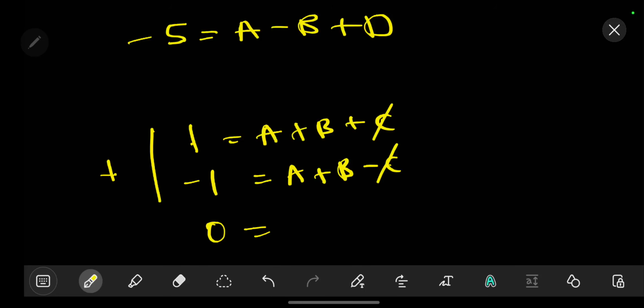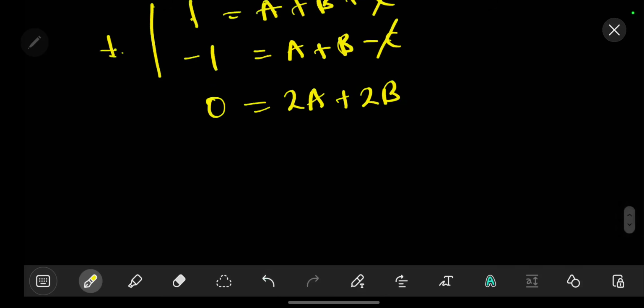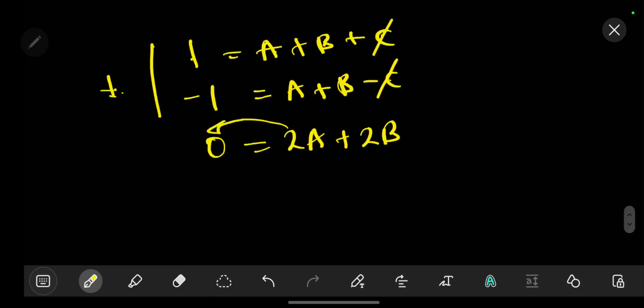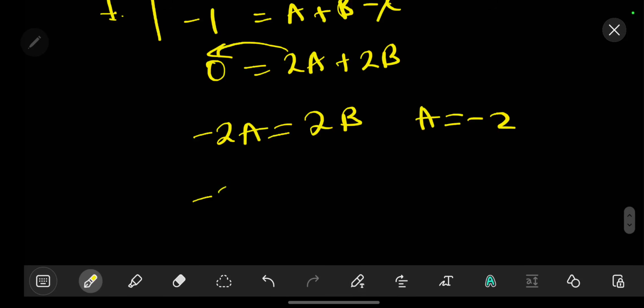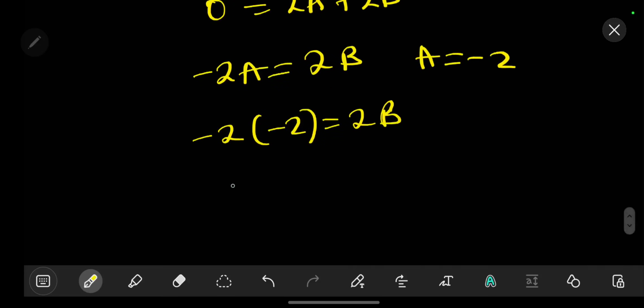So we have a plus a, which is 2a, and b plus b, which is 2b. Then we take this to the other side, so negative 2a should be equal to 2b. Remember a, we found it to be equal to negative 2, so negative times negative 2 is positive, 2 times 2 is 4, so we have 4 equal to 2b.